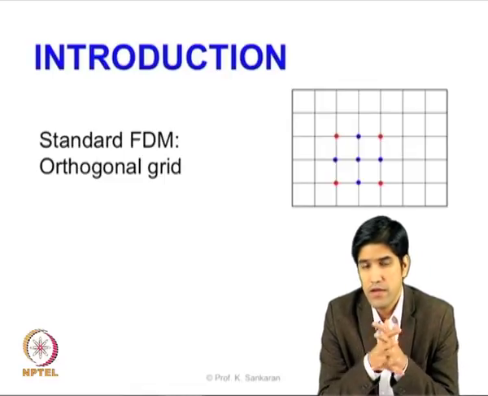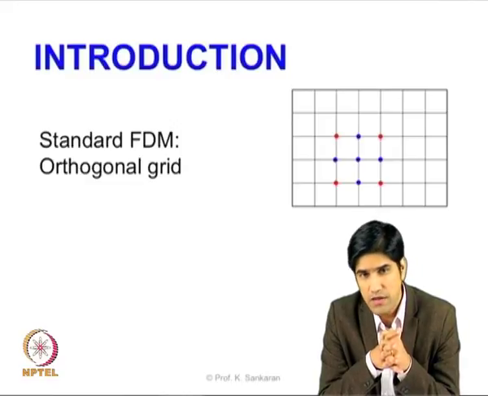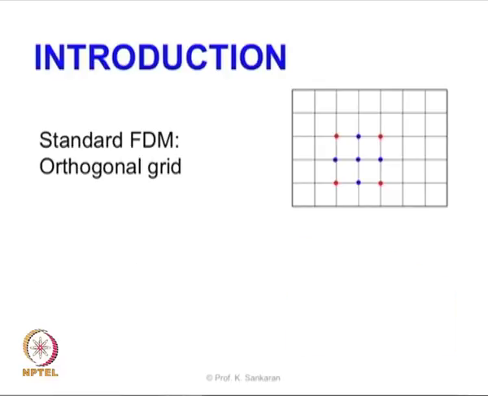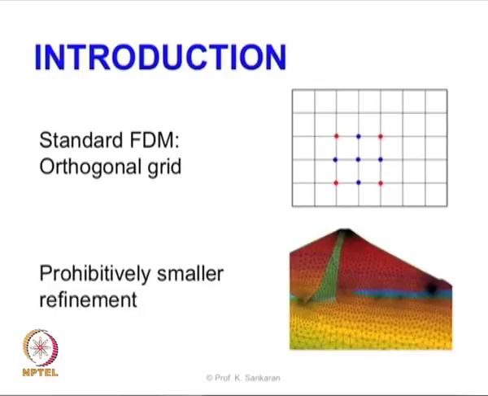But we also said it's going to have a lot of other problems like the staircasing error and so on and so forth. We discussed this problem earlier, because when you want to capture very fine details, it's going to need prohibitively small refinement when you are working with a standard finite difference method, because we cannot really model such refined areas with standard spatial discretization.